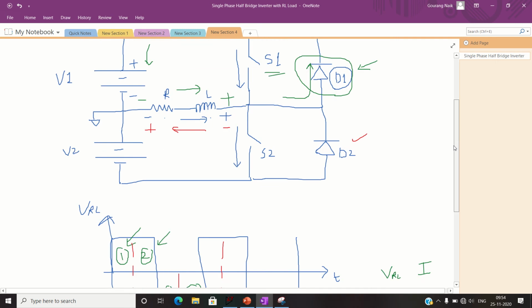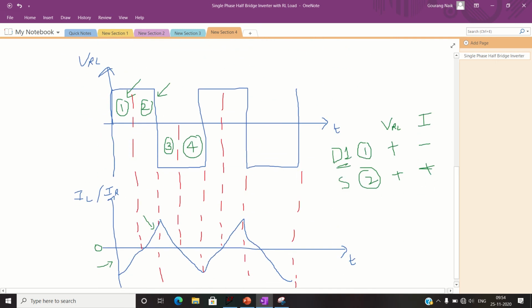Okay, your S1 will be conducting the current. Okay, then next case, third one. If you see, my voltage is negative, but the current here is positive.